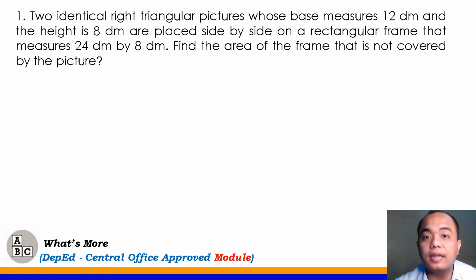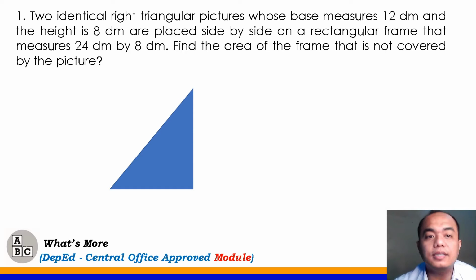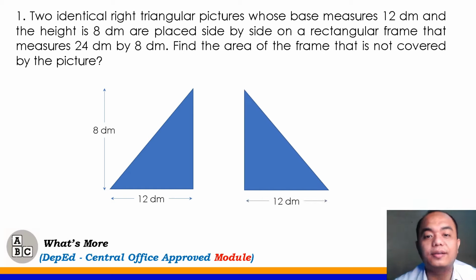To illustrate this, class, this is the right triangular picture whose dimension is 12 decimeters as the base and the height is 8 decimeters. Since they are identical, we will create another one. Here. Right? They are identical.